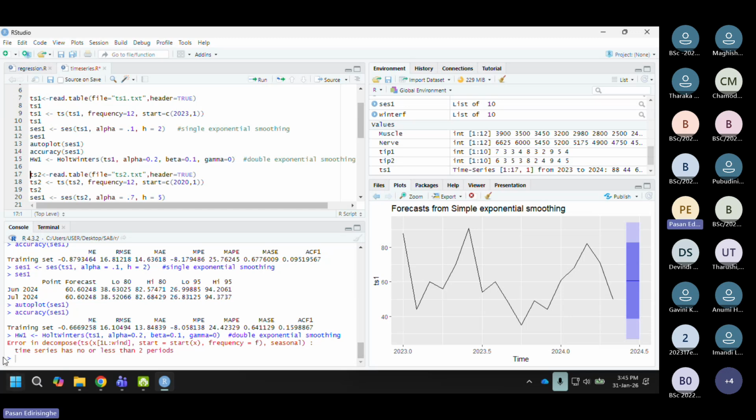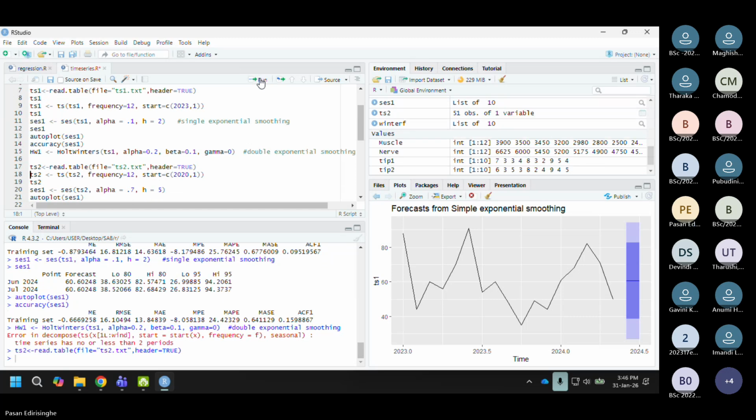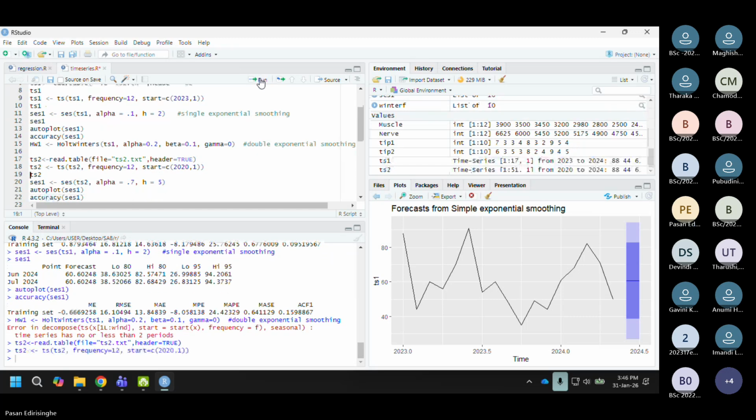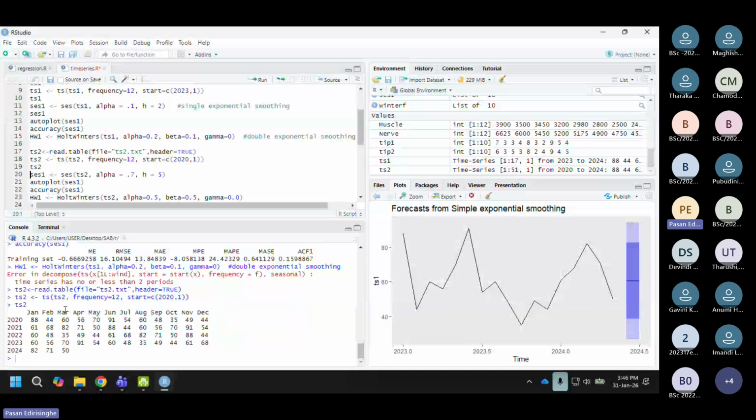Okay, so now what happens is that the HoltWinters method with the TS1 is saying that it is too small a time series to do the double exponential smoothing. So I had to go for a much larger one. That's why I have the second one here. The TS2, I can see I have a larger data set here.